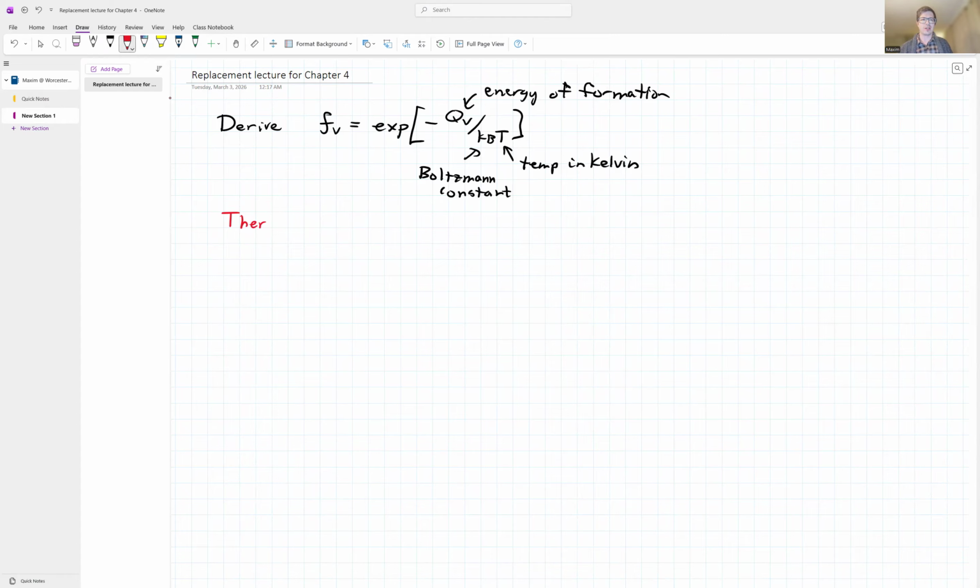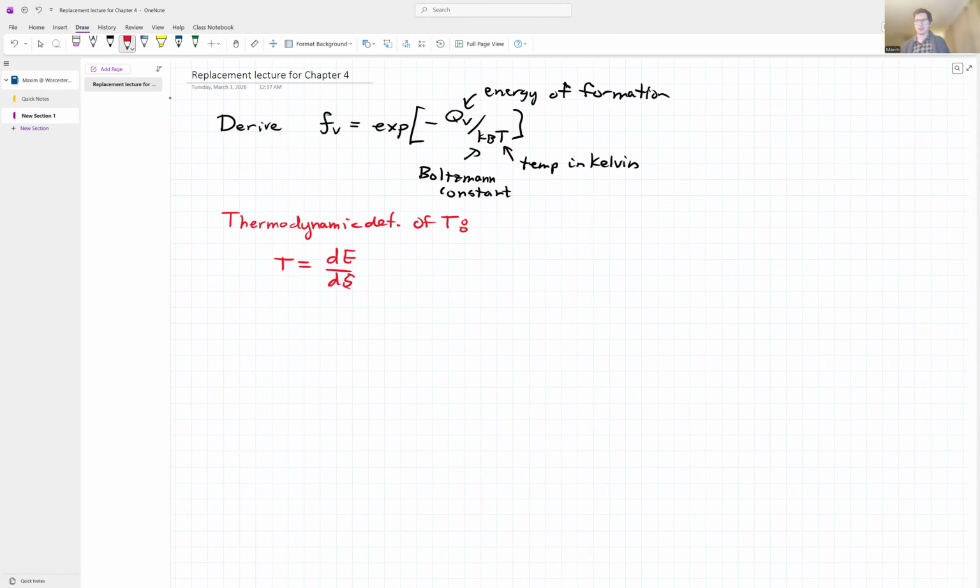If you take a class on thermodynamics, you will define temperature in the following way. The temperature basically tells you the relationship between entropy and energy. So it's a derivative. It's the derivative of energy with respect to entropy.